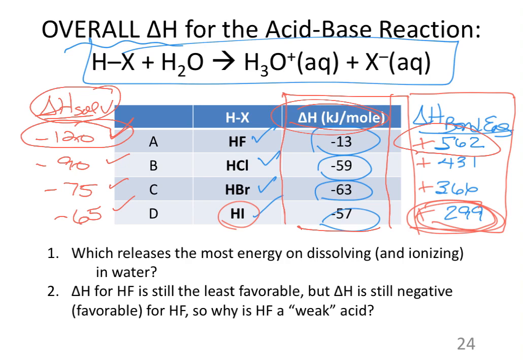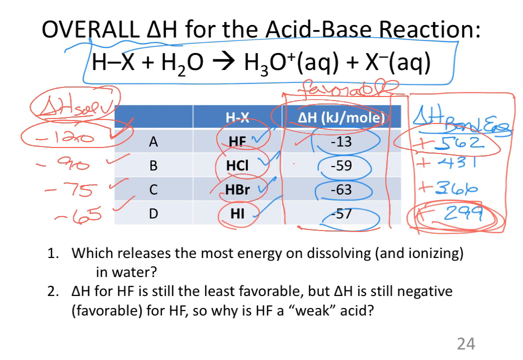The total delta H for the entire ionization process of each of these acids. It turns out that the net effect, they are all favorable. Okay, the delta H, the enthalpy is favorable for all of these acids.